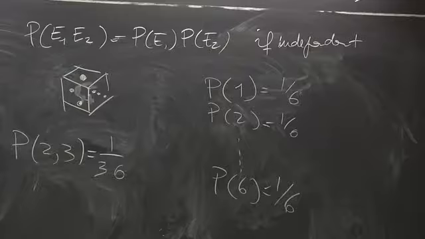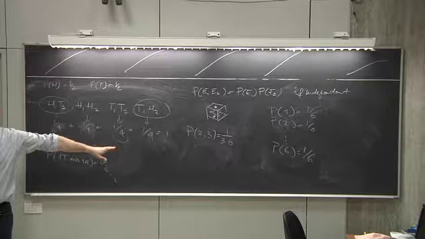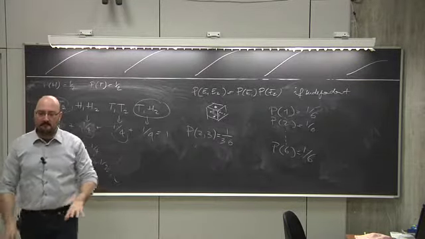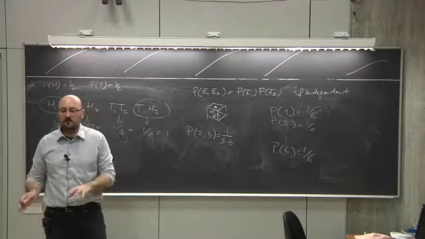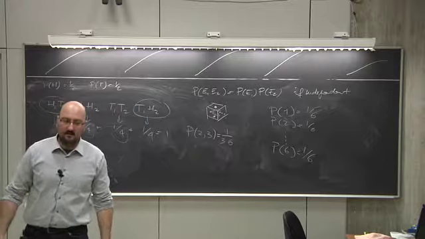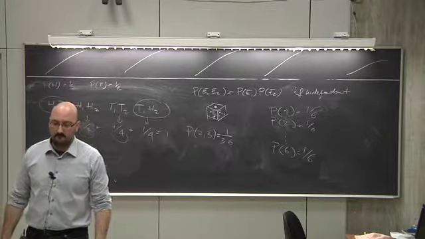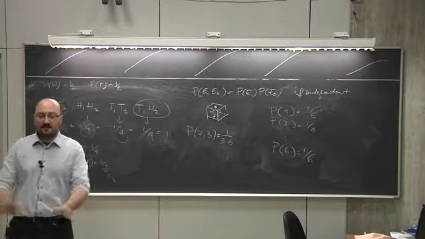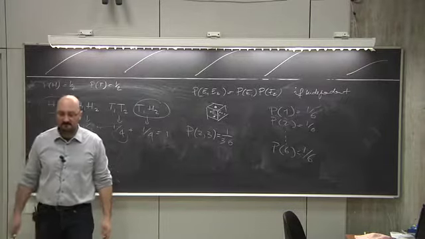For this problem, they can be differentiated. One is blue and one is red. Then the probability that I get 2 on the red and 3 on the blue is 1/36. Now let's erase the colors.